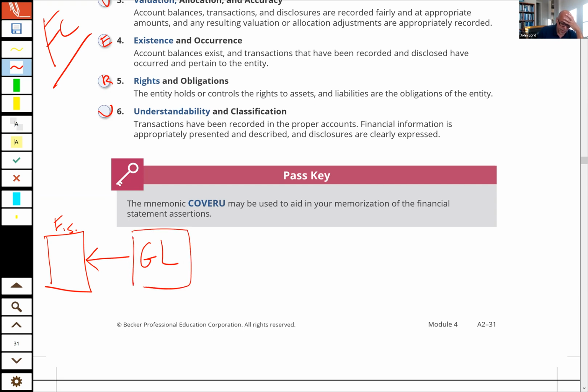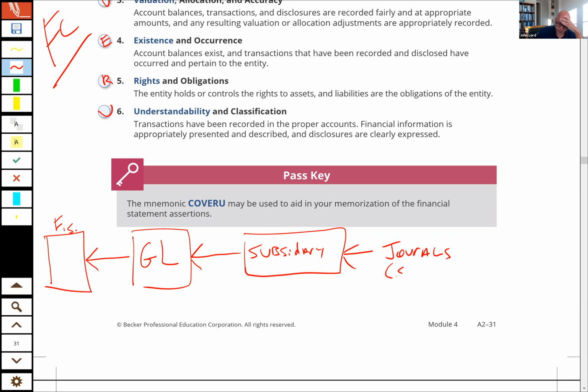And supporting the GL, we probably have some subsidiary records. Feeding into the subsidiary records, we also have some journals. My favorite journal is the sales journal.